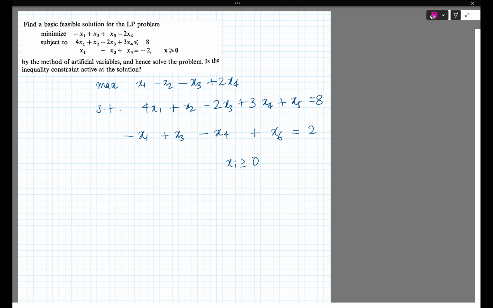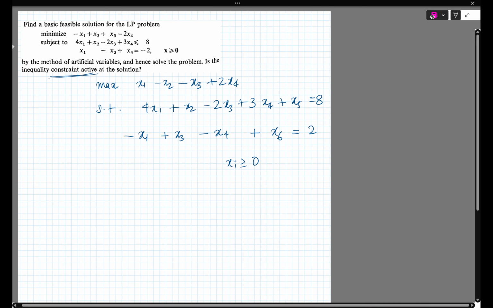You're asking, is the inequality constraint active at the solution? What do you mean by constraint is active?